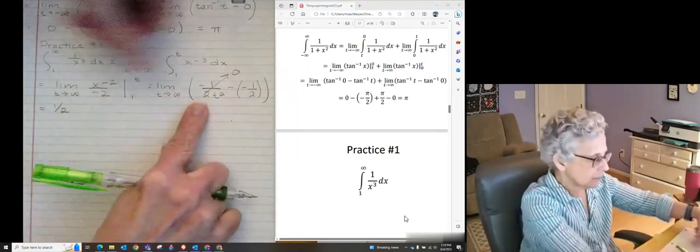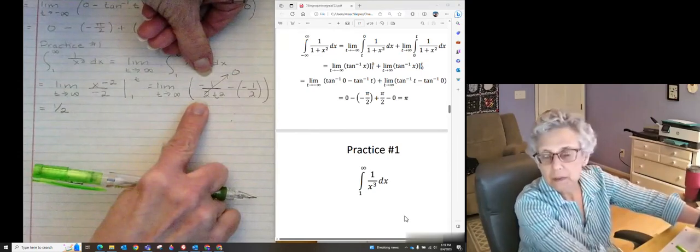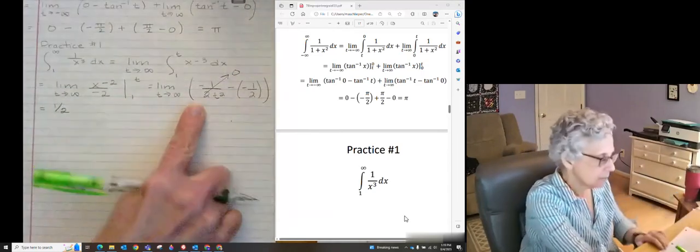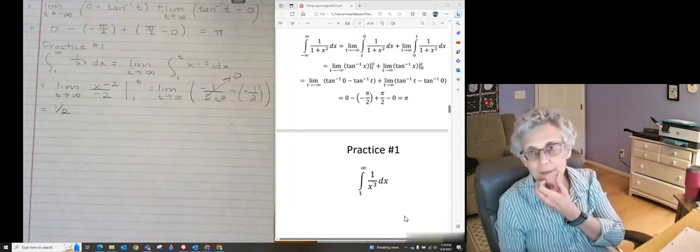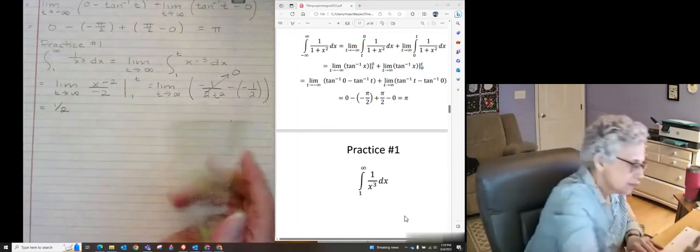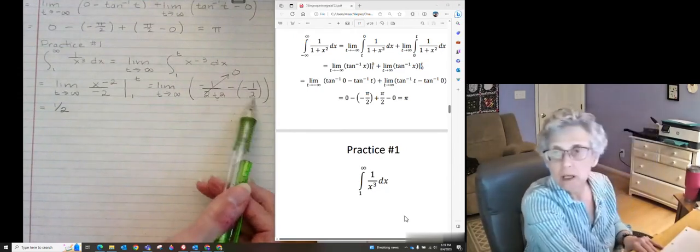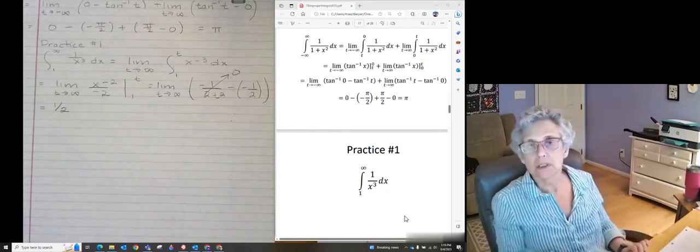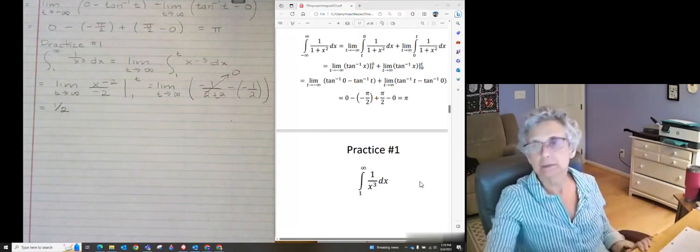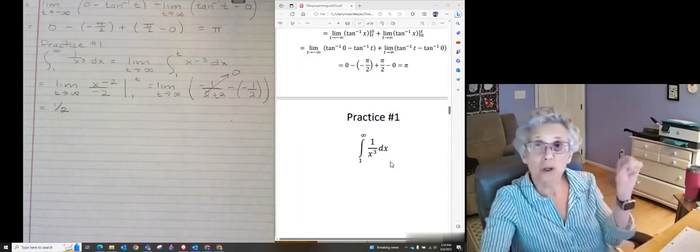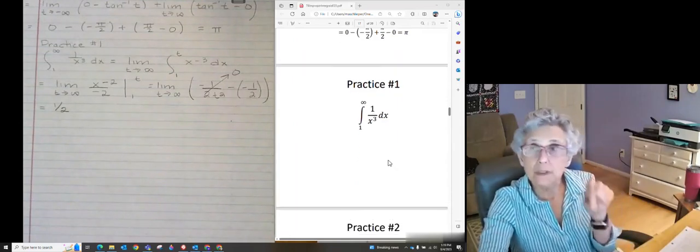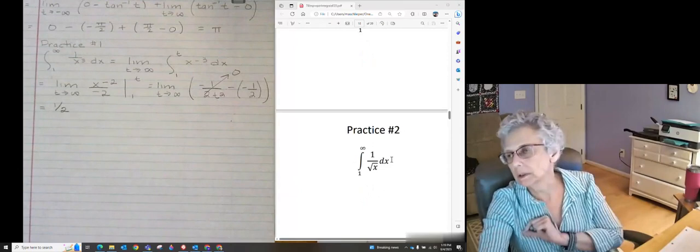Step number 3, plug in the limits of integration. Step number 4, calculate the limit. And since in this one your t stays down in the denominator, big bottoms go to 0, you end up with just a half. Because 1 over x cubed decreases really quickly.